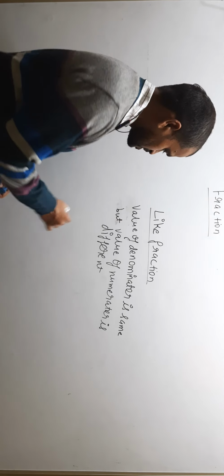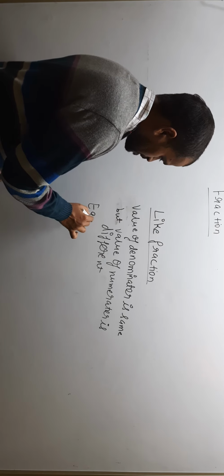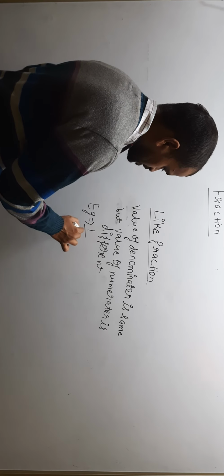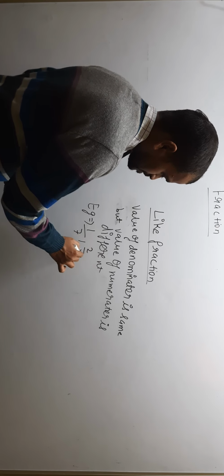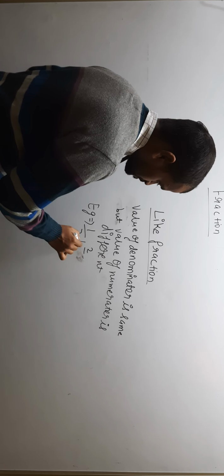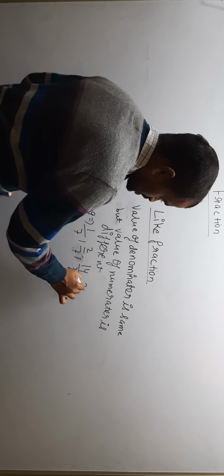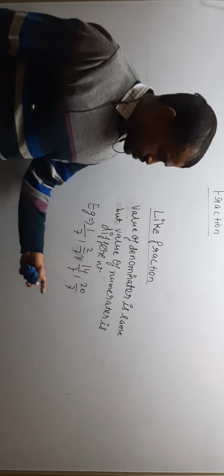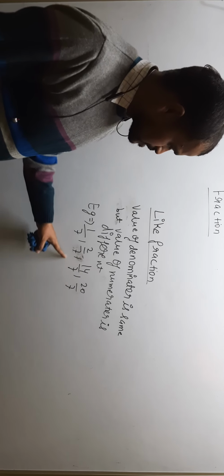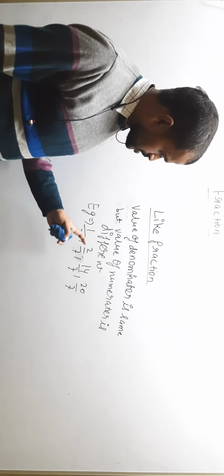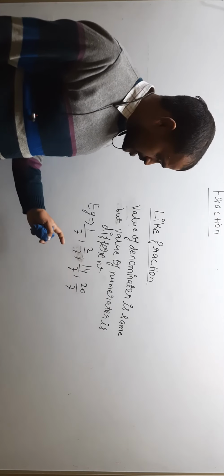Now I will give some examples so you can get better understanding about the like fraction. So if I write 1 by 7, 2 by 7, 14 by 7, 20 upon 7. You can see here the value of denominator is same, but the value of numerator is different in these fractions.